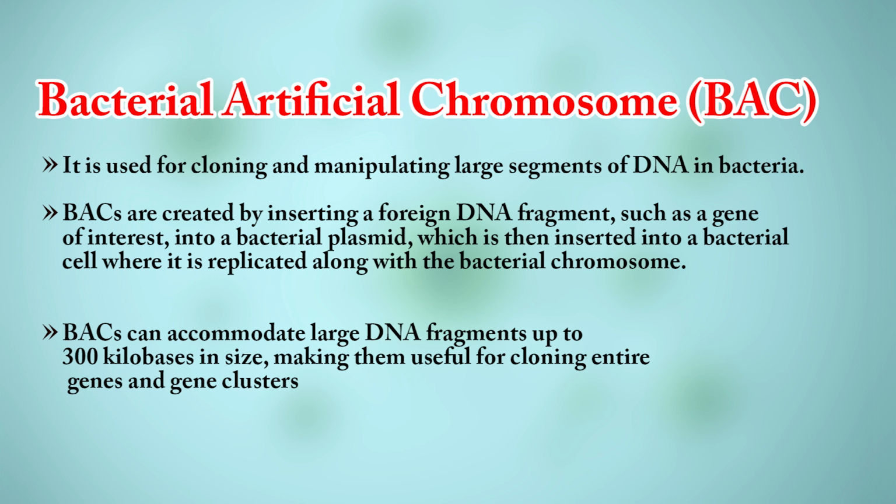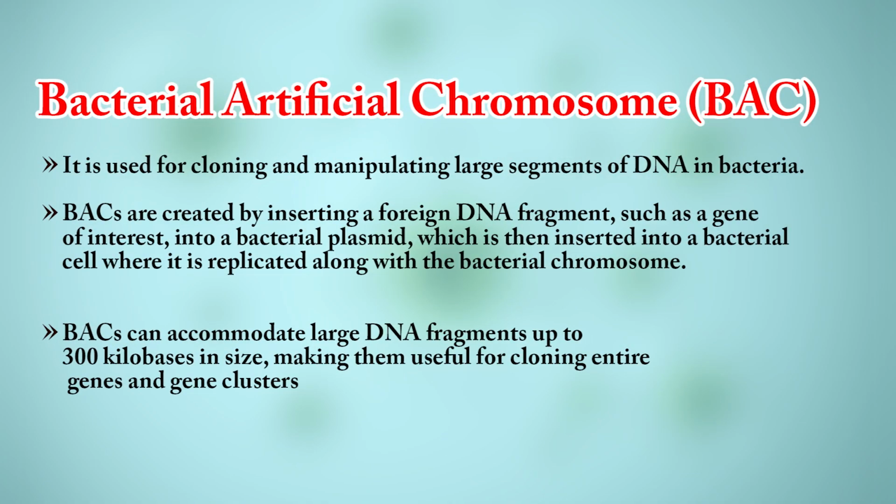In this series, a new development has come in the name of the bacterial artificial chromosome, which has been derived from bacterial plasmids, and the host cell is the bacterium.